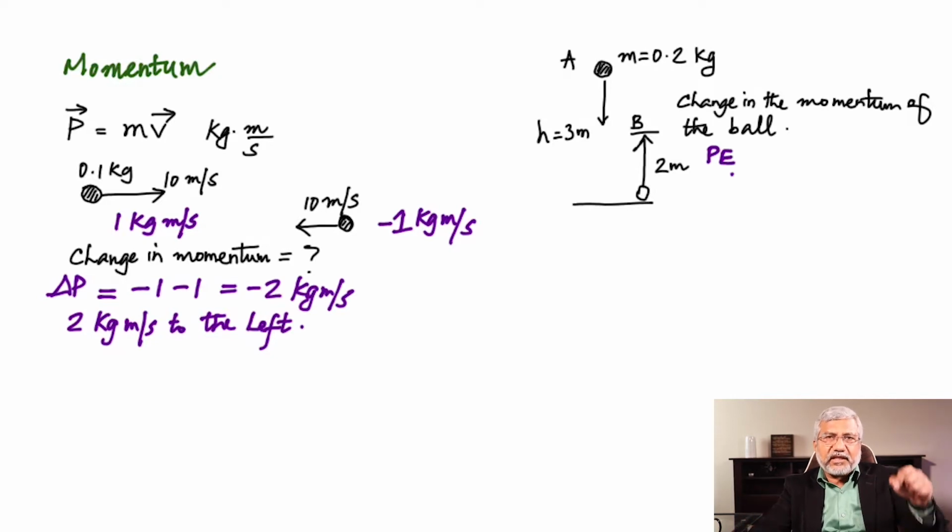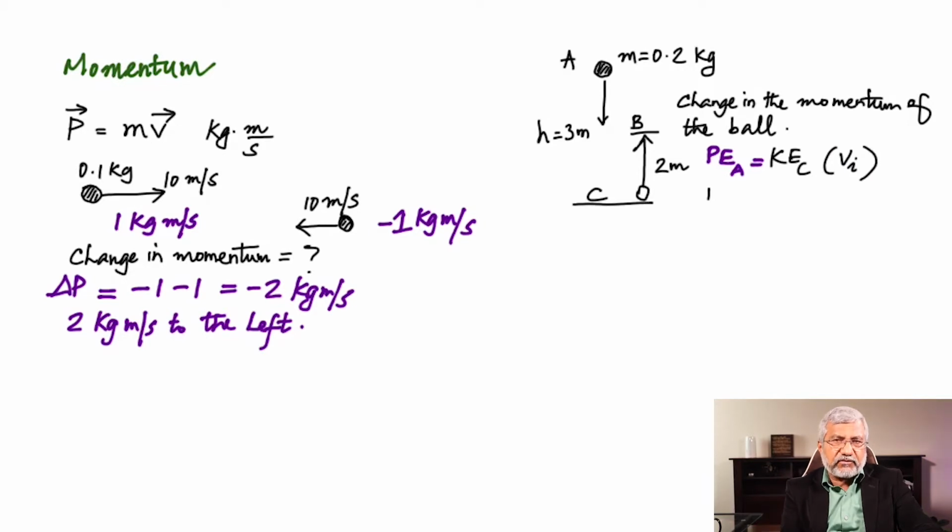So once you get the initial velocity just before hitting the floor, you can find the initial momentum, and then with the velocity with which it begins to move up, you can find the final momentum. Remember that the final momentum is opposite, so remember to have the negative sign. And then you can find the change in momentum as we did for the other problem. I hope that makes sense.